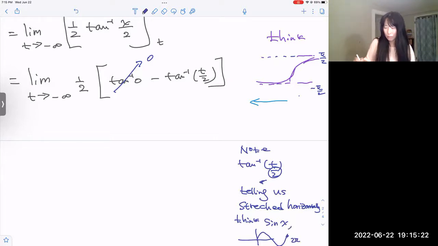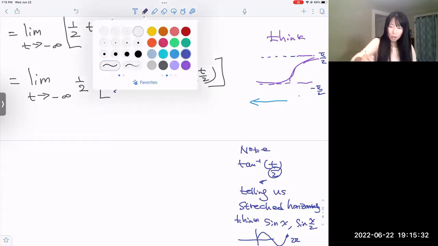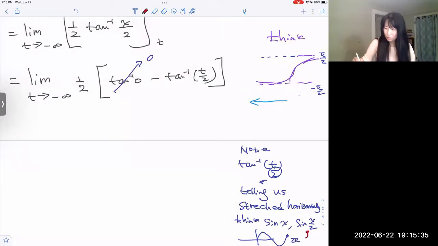Then if we have sine of x over 2, there is a horizontal stretch, so it will be 4 pi, because I'm stretching while standing on the x-axis.